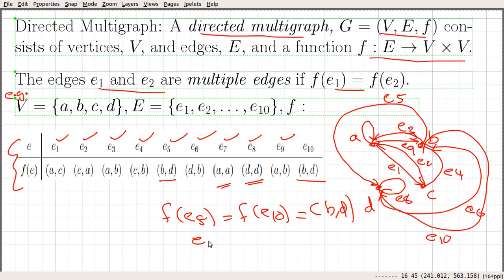So that says E5, E10 are multiple edges. So this is how we define a directed multigraph. It is a triple V, E, F, and those quantities are defined in this manner. I think it is very clear how to define a directed multigraph.